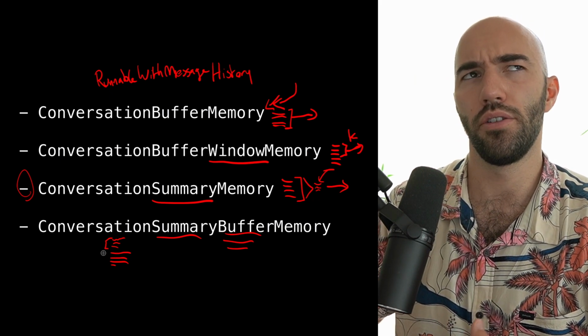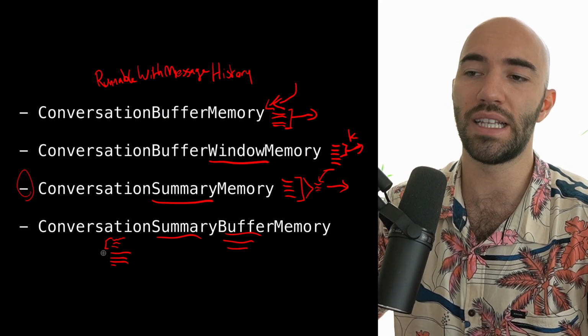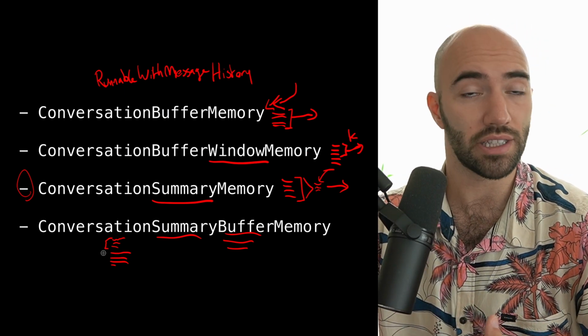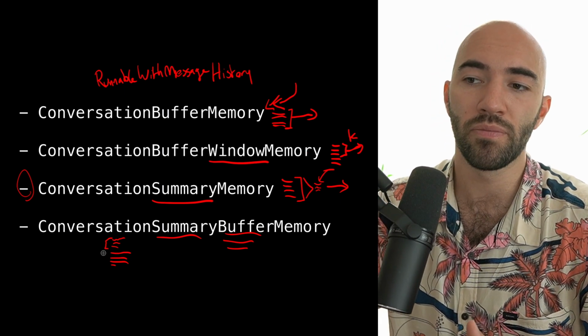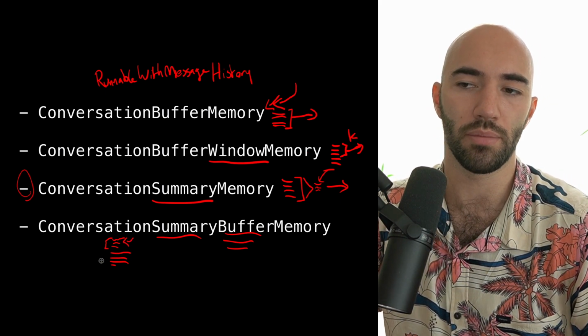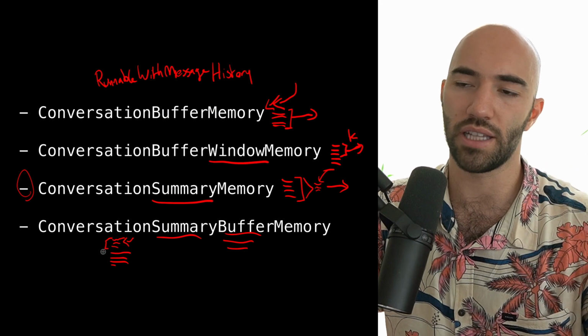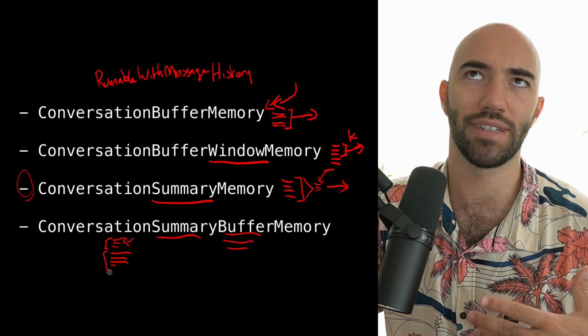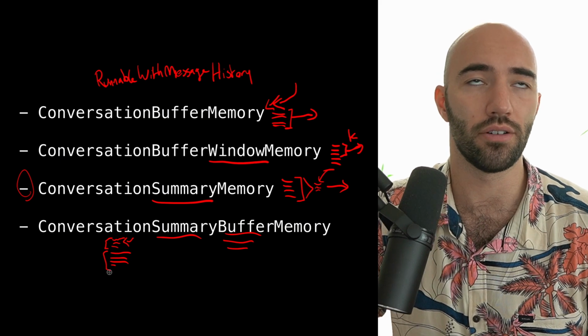So you're losing less information and you're still maintaining, maybe the very first interaction, where the user might have introduced themselves, giving you their name. Hopefully that would be maintained within the summary and it would not be lost. And then you have almost like a higher resolution on the most recent k tokens from your memory.